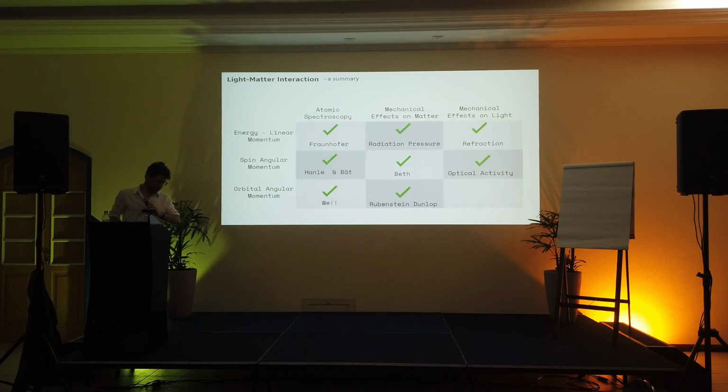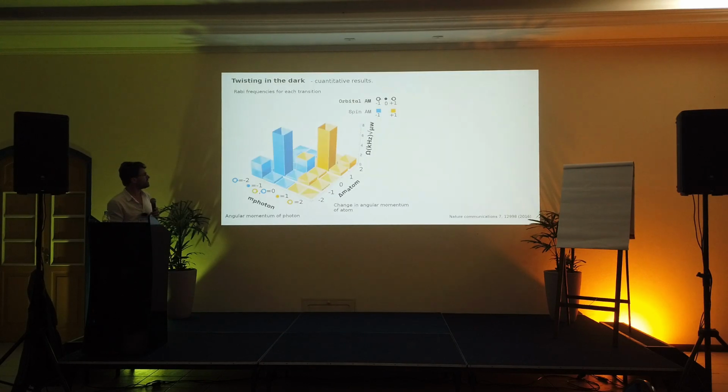But before I do that, let me tell you something that actually also got us scratching our heads for a long while, which is the following. When we published this paper, we understood pretty well everything in this plot, but not the height of this bar.